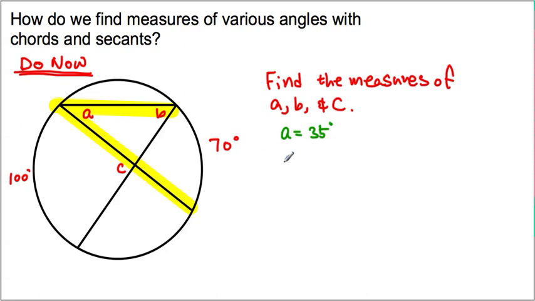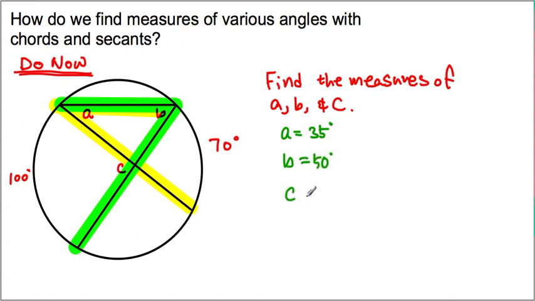Alright, how about B? B will be, once again, an inscribed angle that comes from the intersected arc of 100. Therefore, we can write B as half of 100, which is equal to 50.